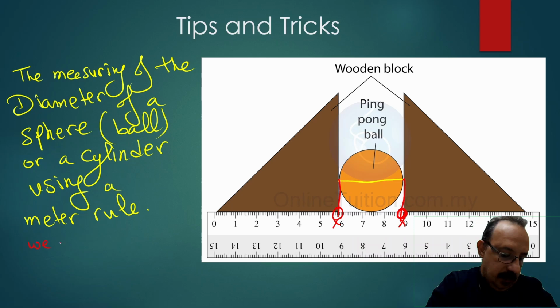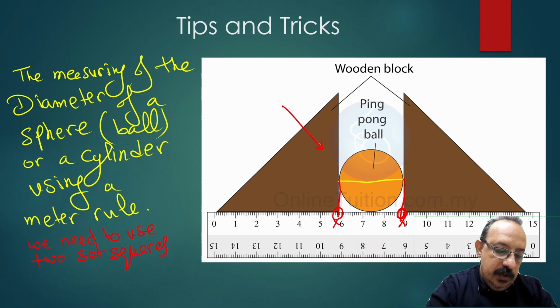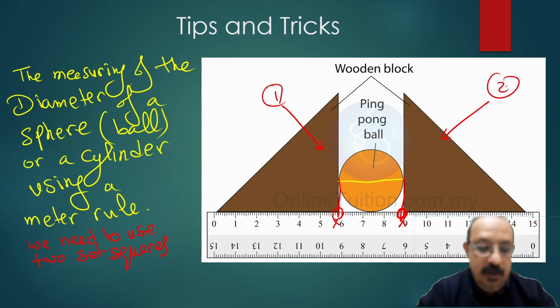We need to use two set squares. I'm going to use two set squares. This is 1 and this is 2, as shown in the figure.